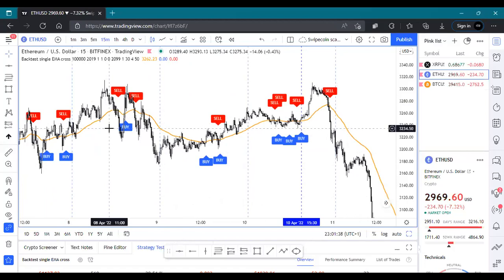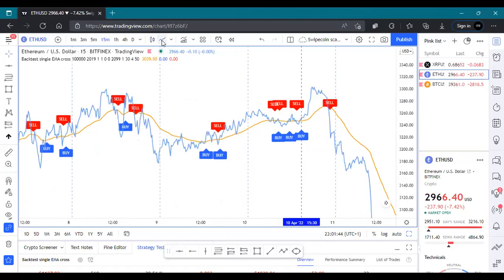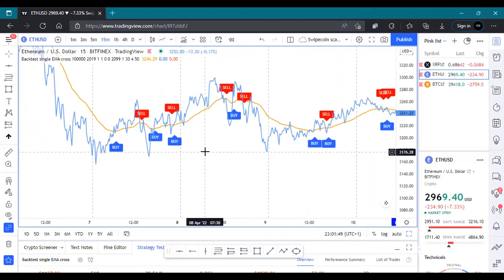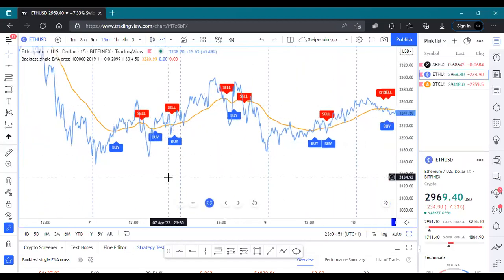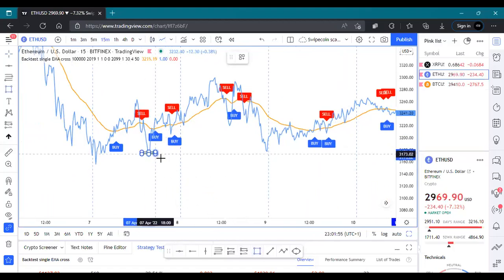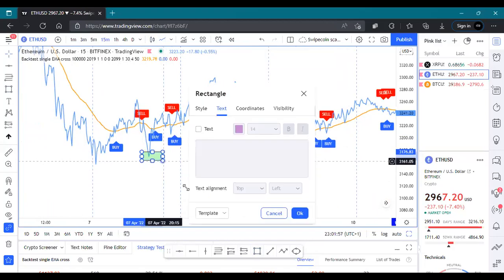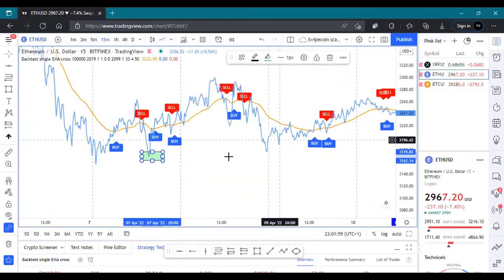But once you switch over to line chart at the top here, you're going to see this. So basically what you should be looking out for is something like this. You can see these V's.